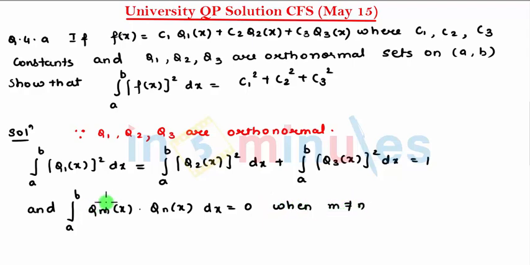That means the q1 q2 combination will be 0, the q2 q3 combination will be 0, and the q1 q3 combination will be 0. That's my basic condition whenever q1, q2, q3 are orthonormal.